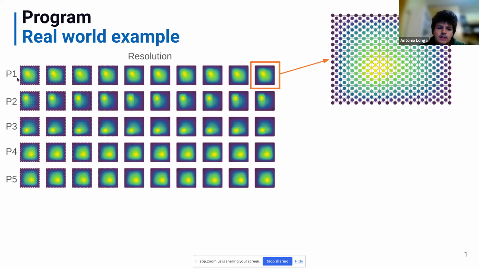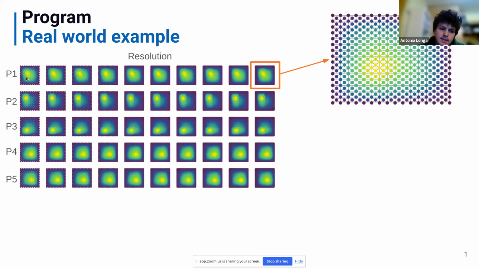You can see on this axis that, changing the starting point and the material, you have a different spreading. While on this axis, you can see that the mesh used to model this problem has a much higher resolution, because the problem is continuous.